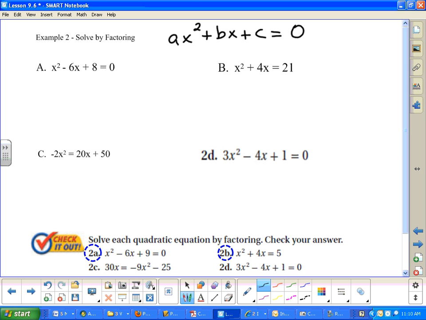So letter A says x squared minus 6x plus 8 equals 0. So we're going to take x squared minus 6x plus 8, and we're going to factor it first of all. So Natalie, what do I get when I factor that?